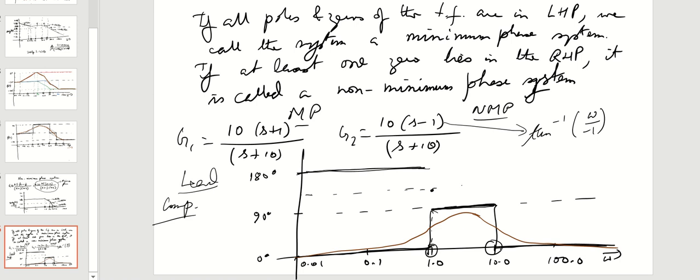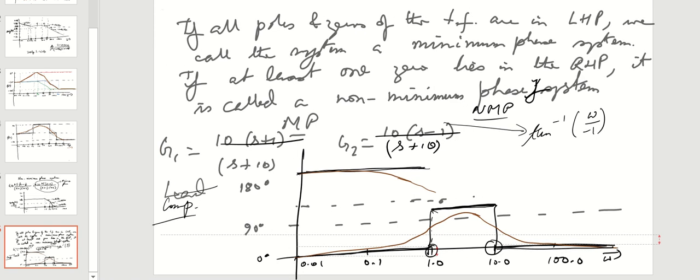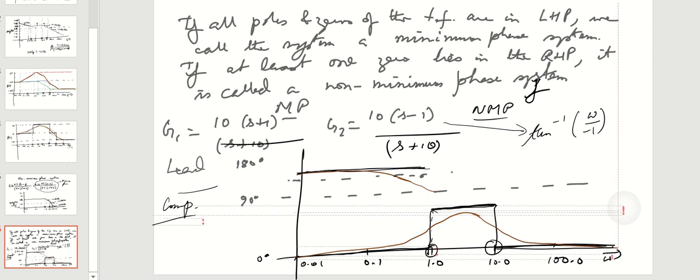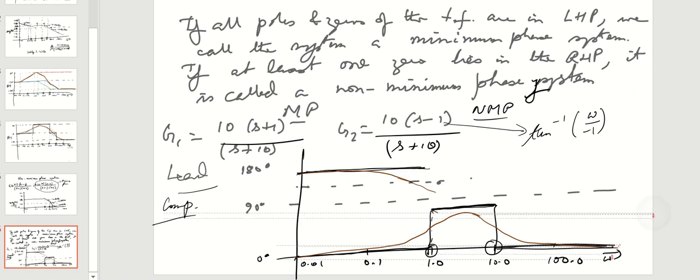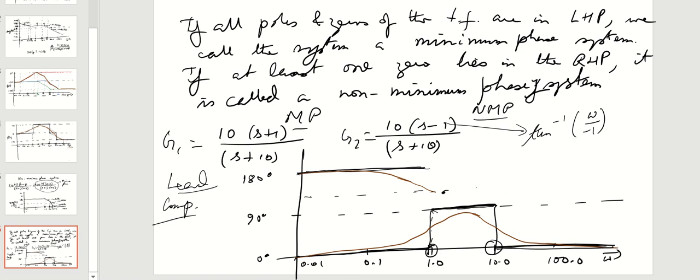Furthermore, beyond this point, it will follow this asymptote. So what you're basically looking at is a plot, something like starting from here, passing through here, starting from here, somewhere like this, something like this.